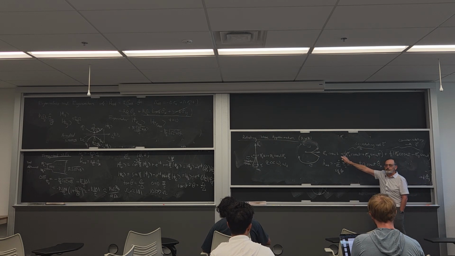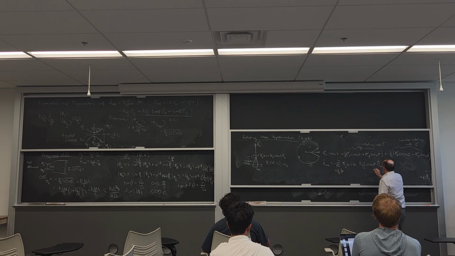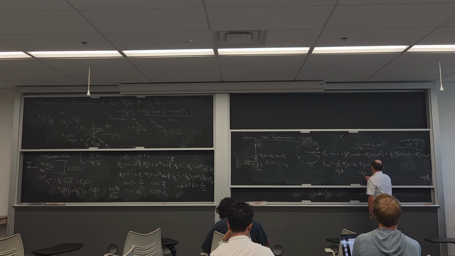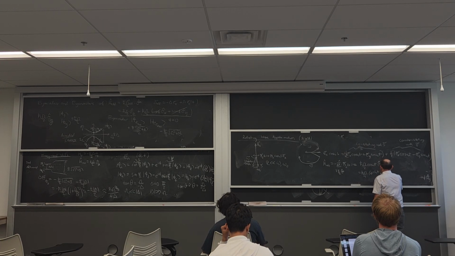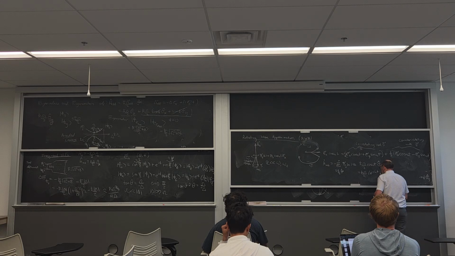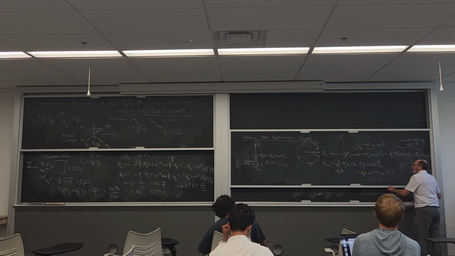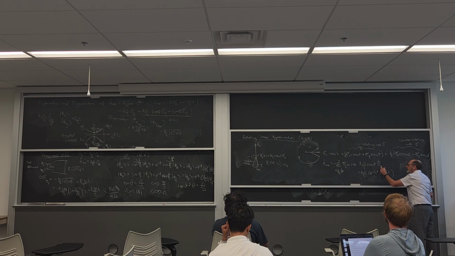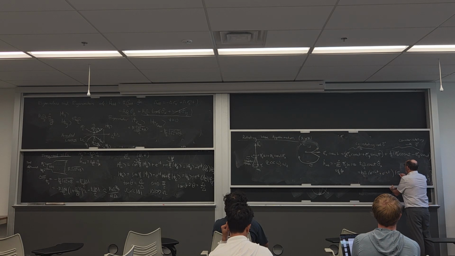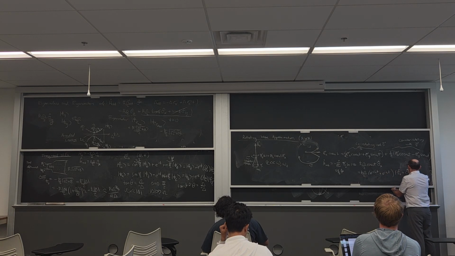Okay, that's this. Cosine is e to the i omega t plus e to the minus i omega t over 2. And sigma x is sigma plus plus sigma minus.